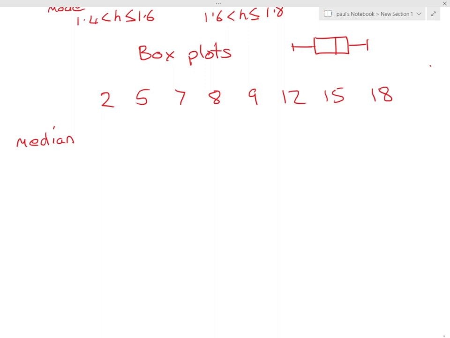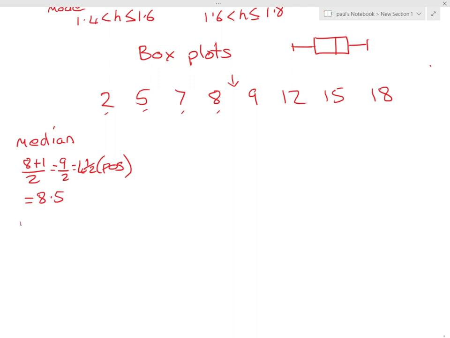So 1, 2, 3, 4, 5, 6, 7, 8. So 8 plus 1 divided by 2, 9 divided by 2, 4.5, which is the position. In between 8 and 9. There's no need to add these two together and divide, so the median equals 8.5.